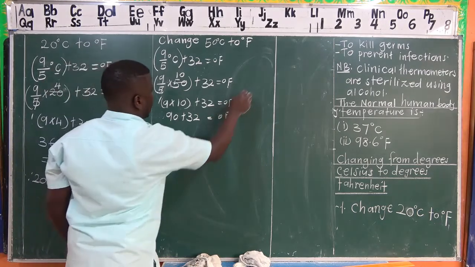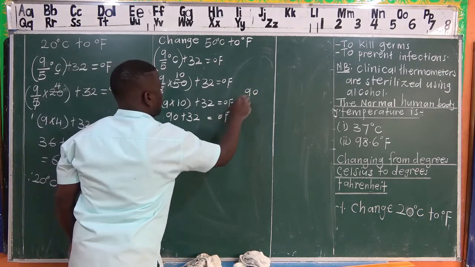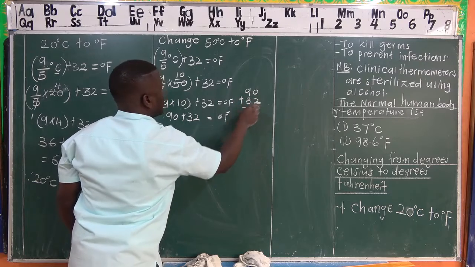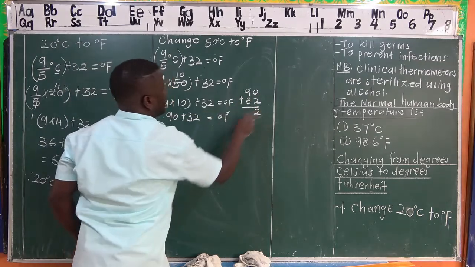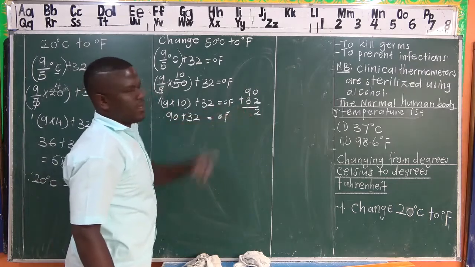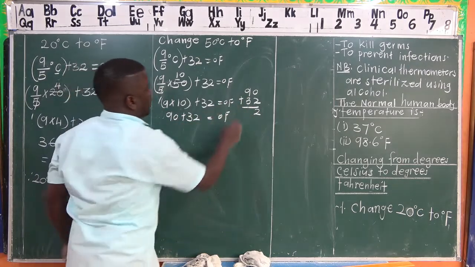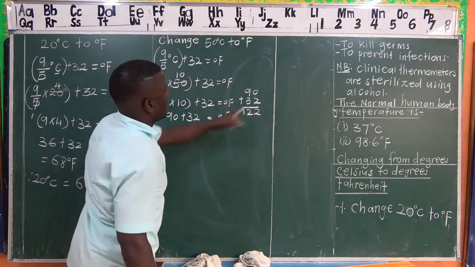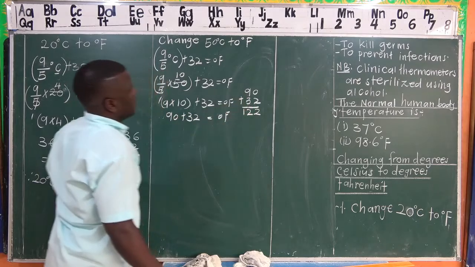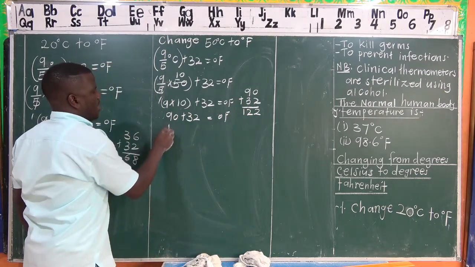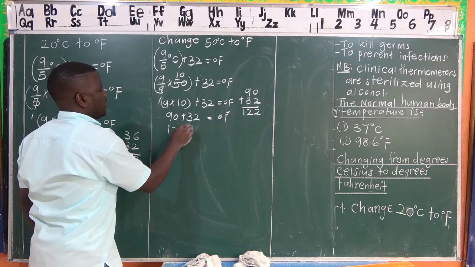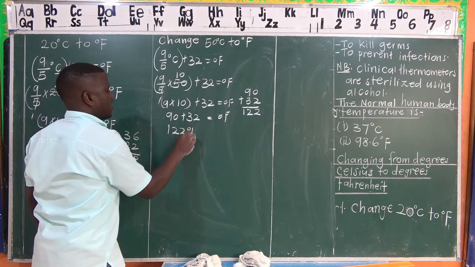So you come here and say 90 plus 32. What is it? 2 plus 0, you get 2. 9 plus 3 is 12. Then your answer will be 122 degrees Fahrenheit.